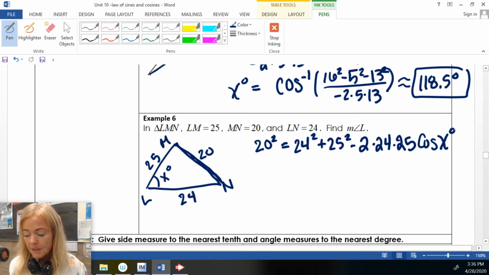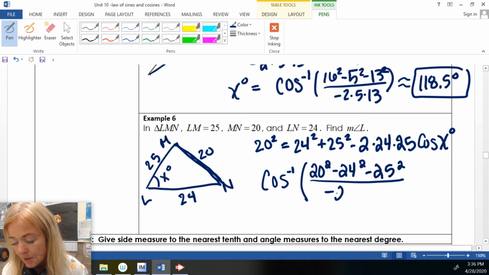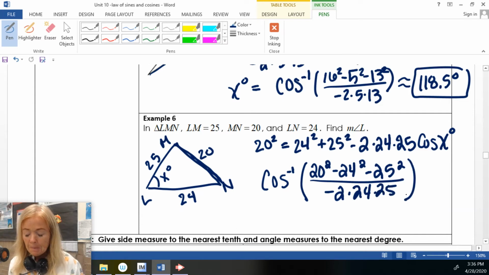Right? So hopefully by now you've got the formula memorized. We do cosine inverse of 20 squared minus 24 squared minus 25 squared all over -2 times 24 times 25. Okay. And that's just solving.